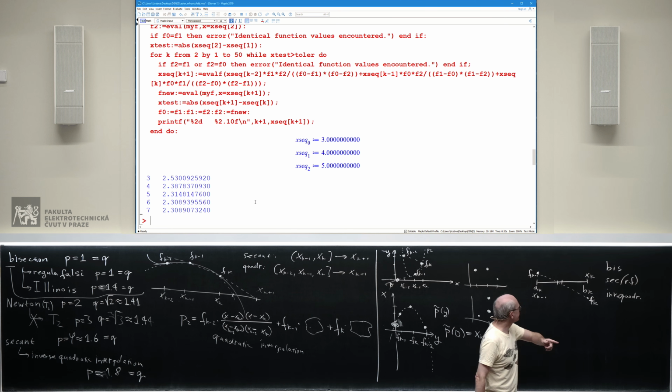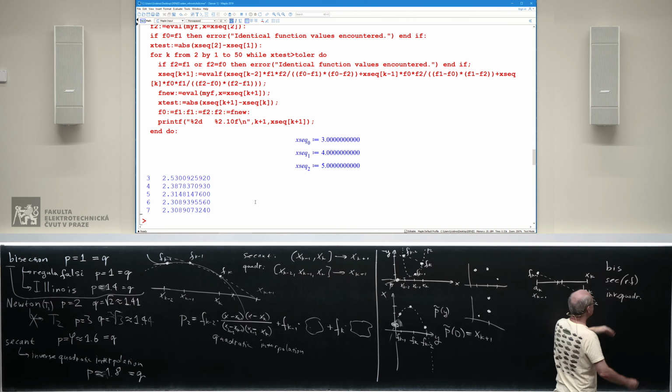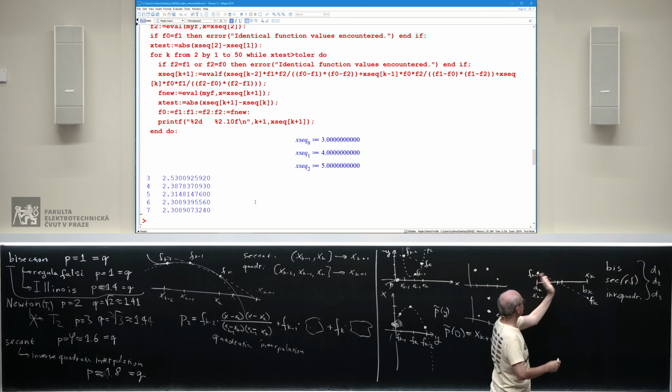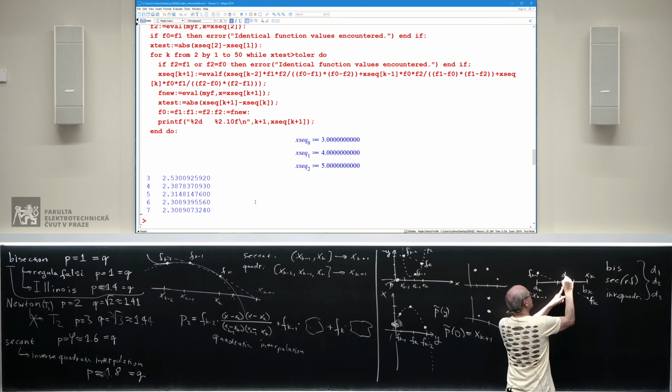And we get 3 candidates, because there's also a third value from the previous iteration floating around somewhere here. So we use these 3 ideas to get 3 dividing points, D1, D2, D3. They are floating somewhere around here in this interval. D1 comes from bisection, from the secant formula we have D2, and from the quadratic inverse some D3.